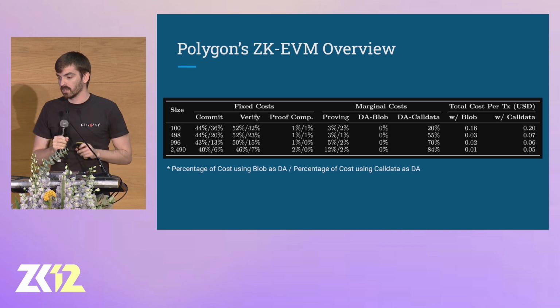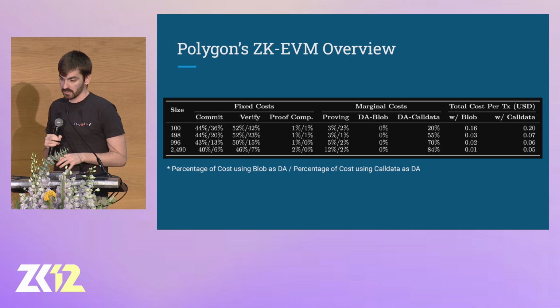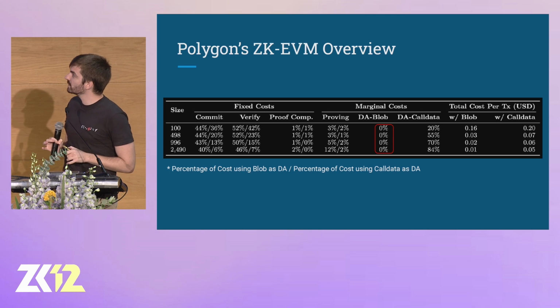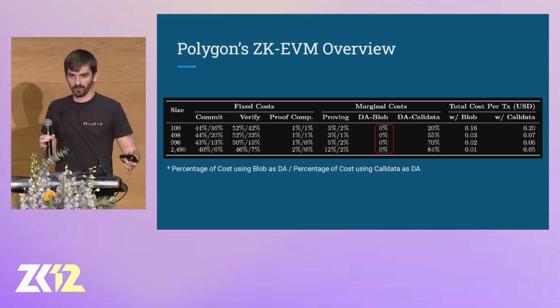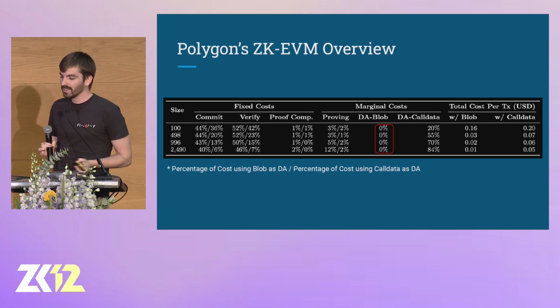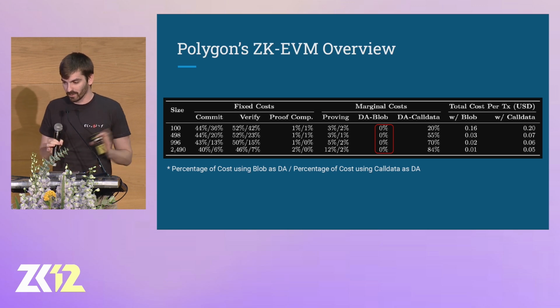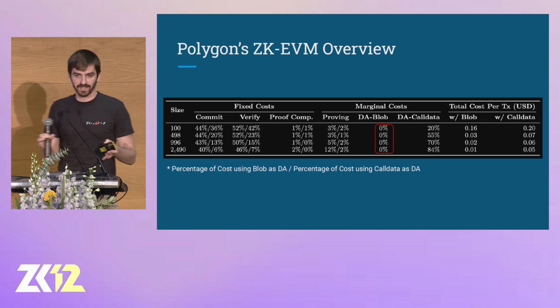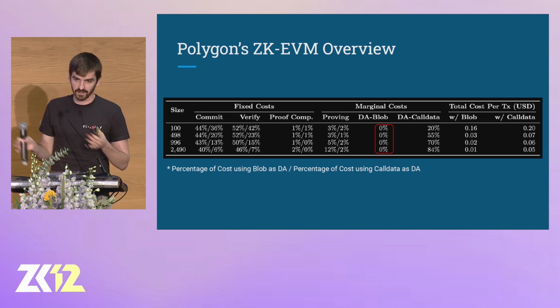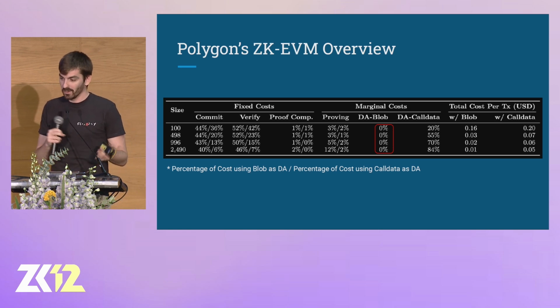Here is the total costs of Polygon's zkEVM. And so, first of all, DA at the moment is virtually free for rollups in general. So all those results should be taken with a grain of salt, because that might change in the future if changes happen or if there is more usage of blobs and more demand and prices go up.